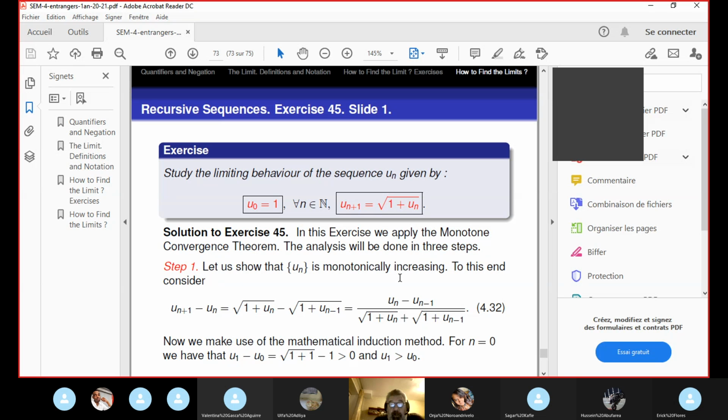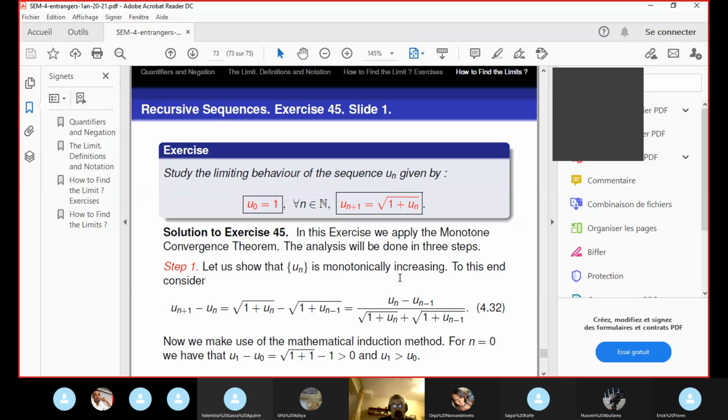in 3 main steps. The first step: due to this monotone convergence theorem, what do we want? If our sequence is increasing and bounded above, then the sequence has a limit. If our sequence is decreasing and bounded below, this sequence has a limit. So the first step is to find the monotonicity of our sequence.